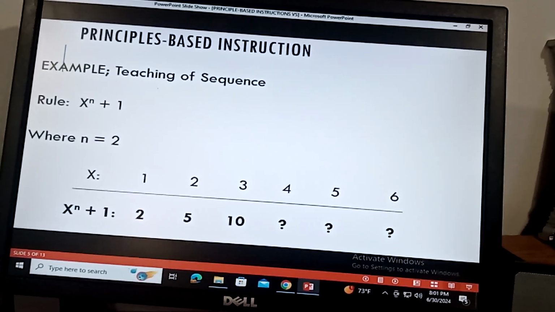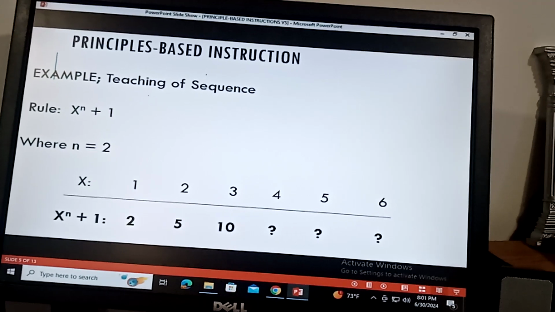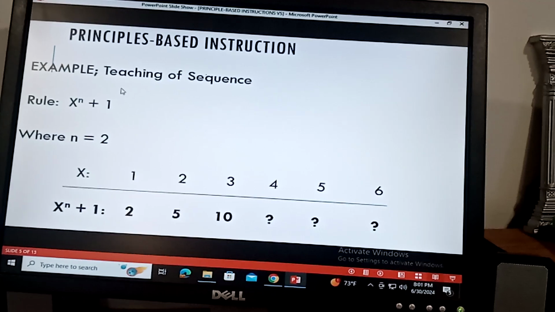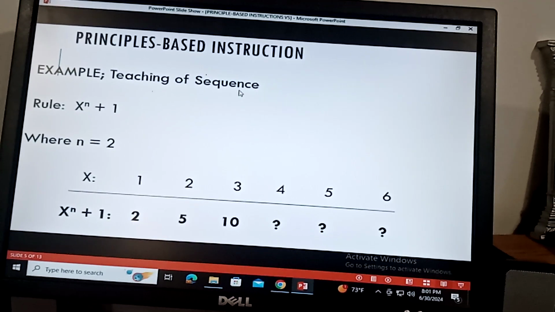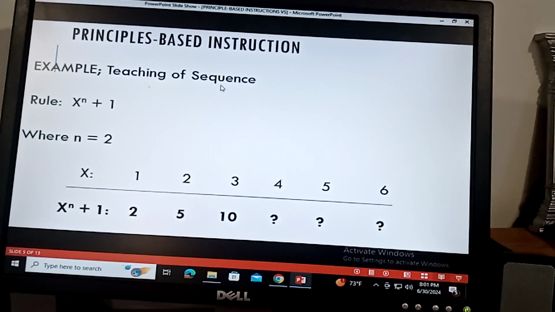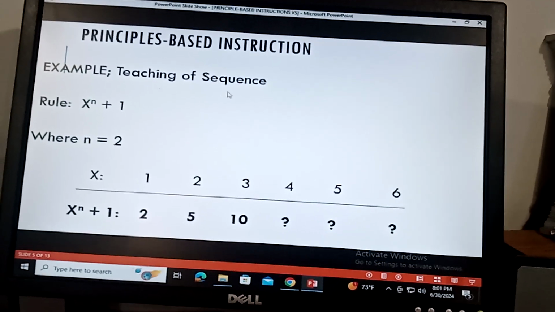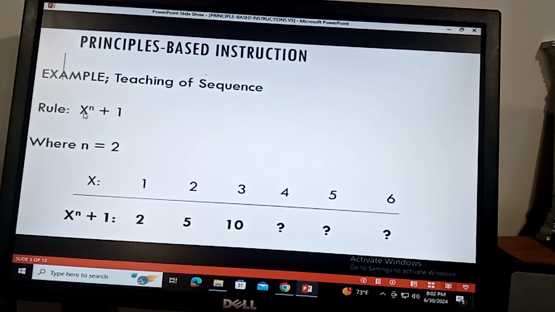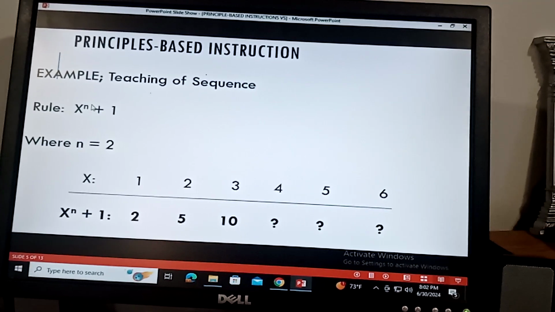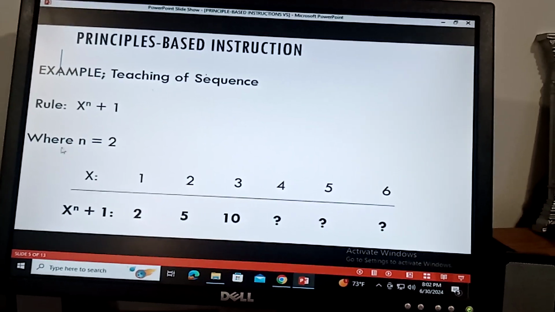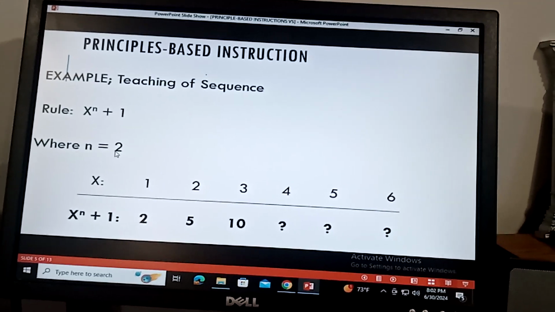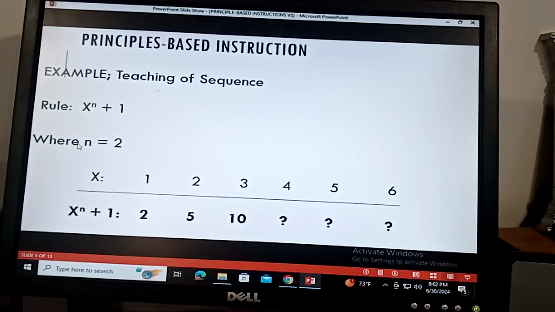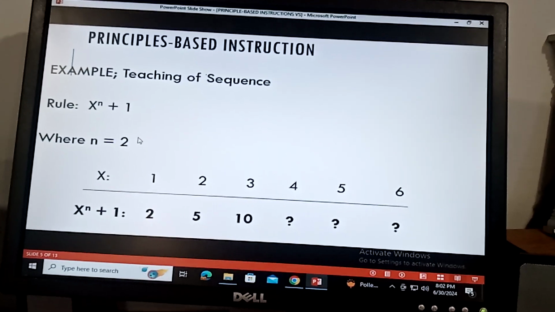Here we are going to consider an example in principle-based instruction, for example, the teaching of sequence. Okay, so in the teaching of math sequence, the topic sequence is principle-based. And then the rule is x raised to the power n plus 1, where n is equal to 2.